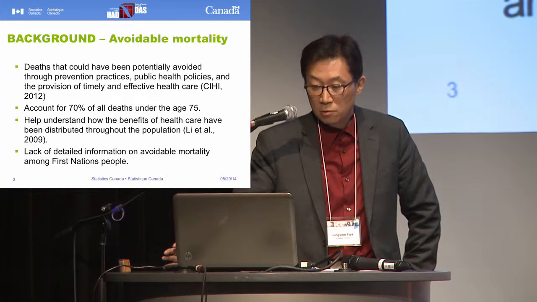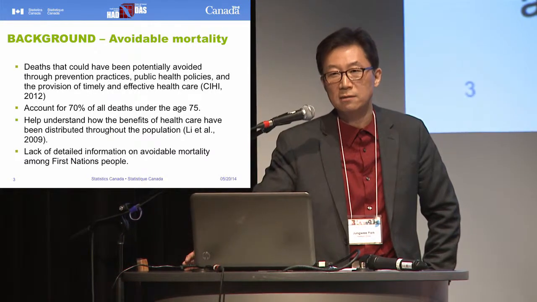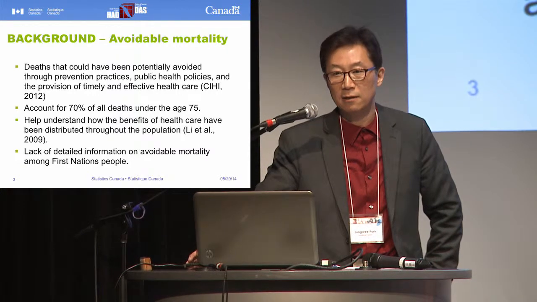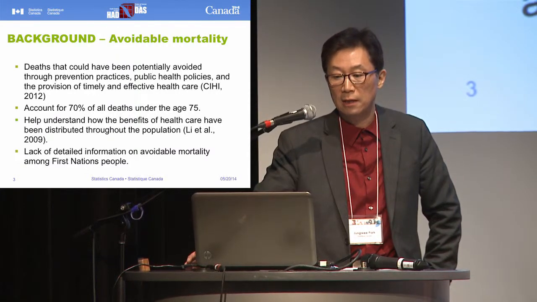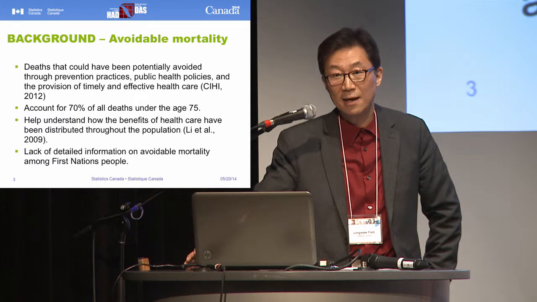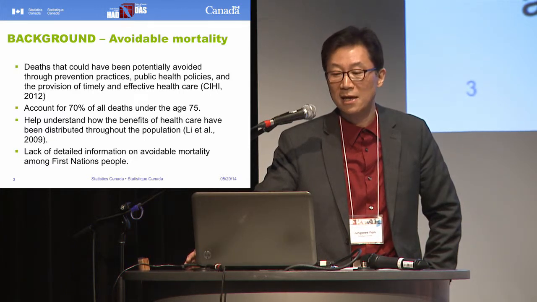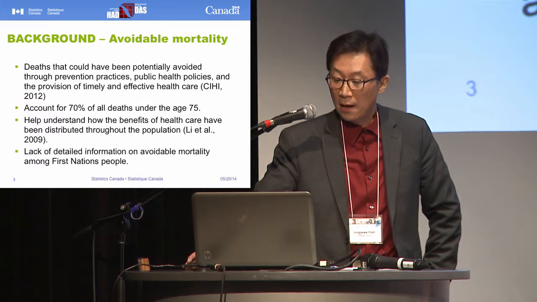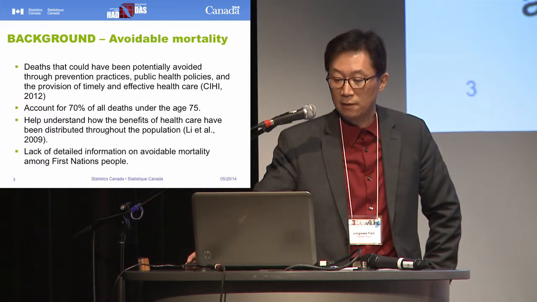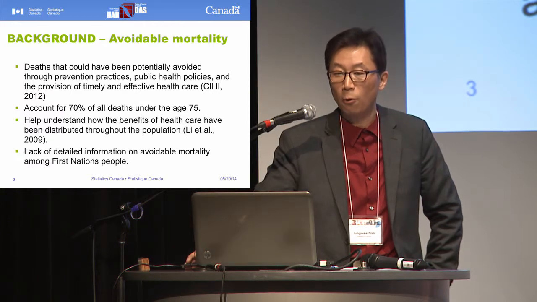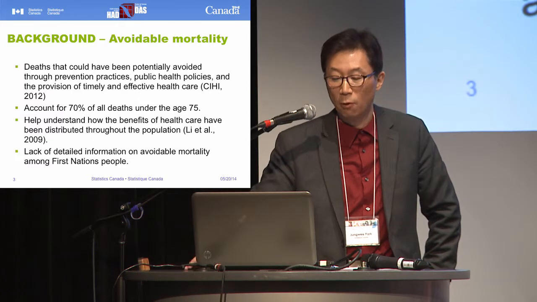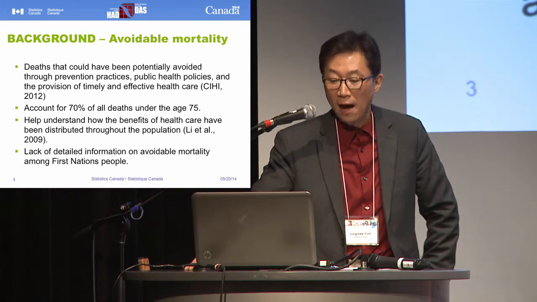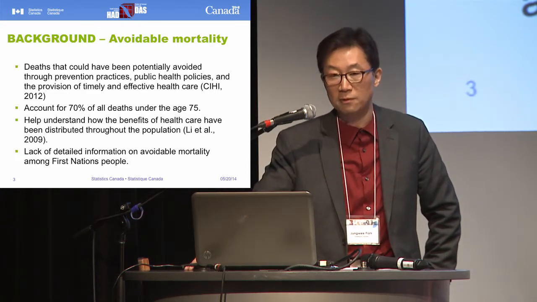So how many people die, and to what extent, is an important issue in health that can give us a good indicator of how nations, societies, and healthcare systems function. In fact, about 70% of all deaths under the age of 75 are avoidable deaths.